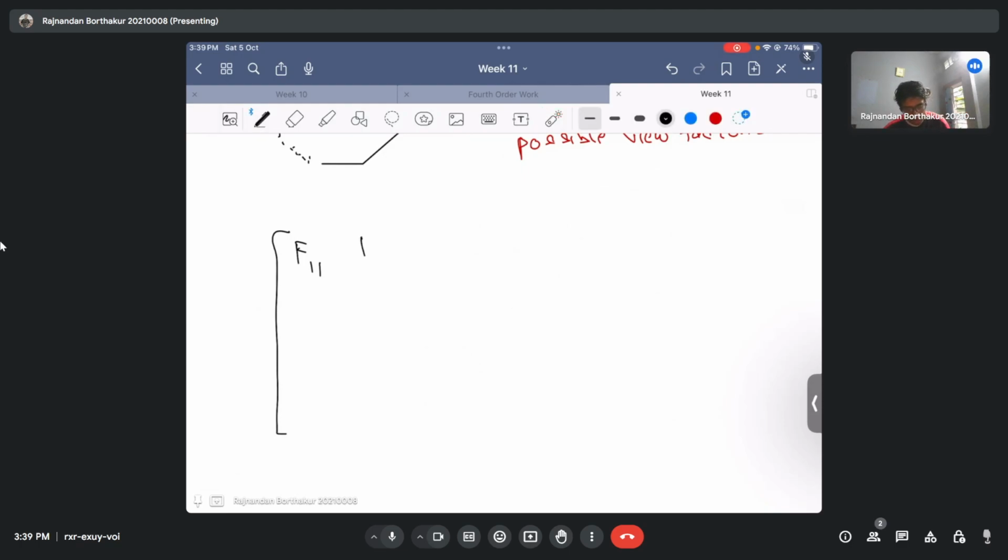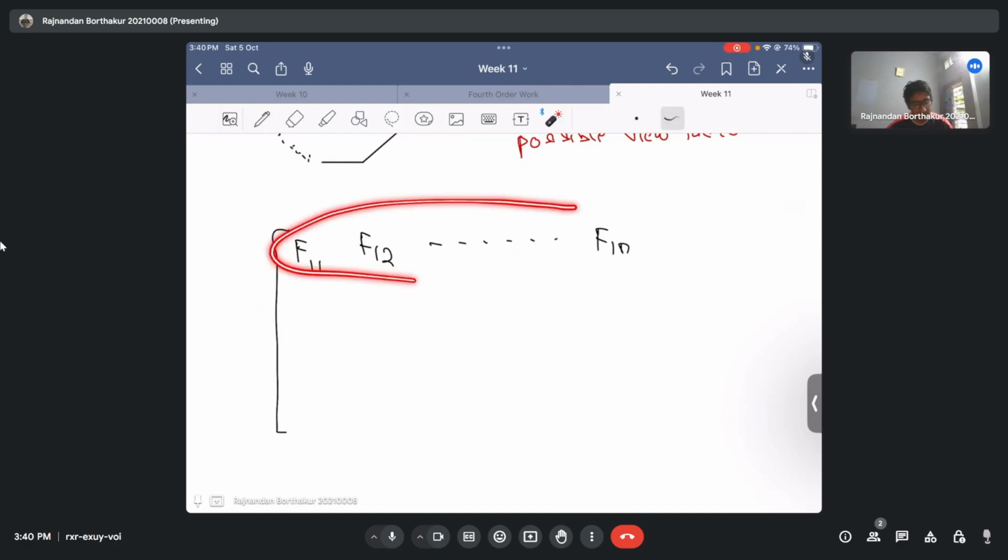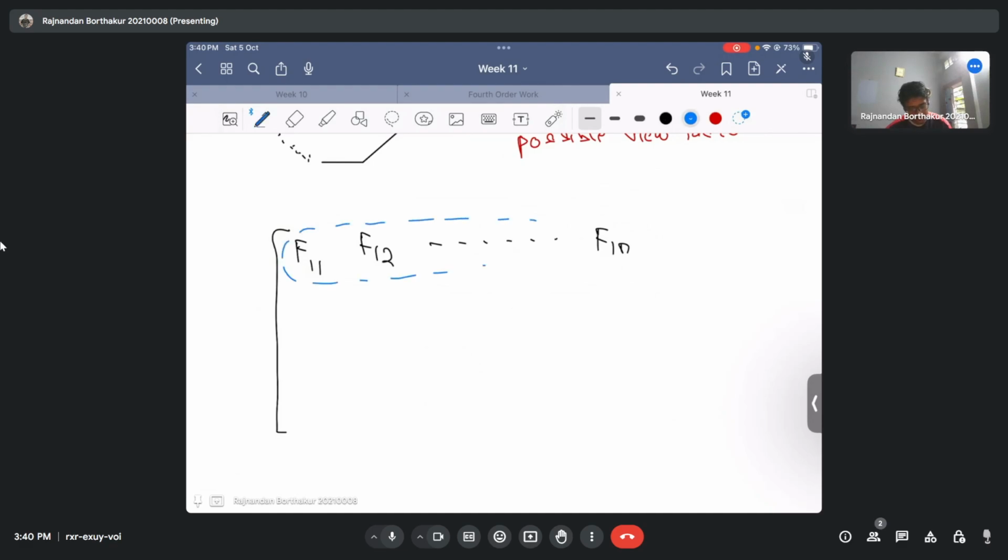Similarly, I can have f12, the fraction of radiation leaving surface 1 intercepted by surface 2, and this could in general be extended up to f1n. So this is the first row corresponding to the first surface, and these are the view factors of surface 1.